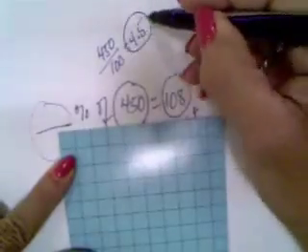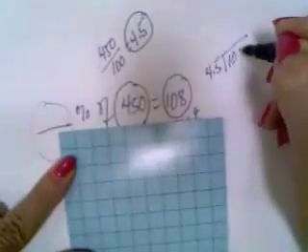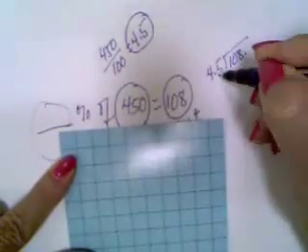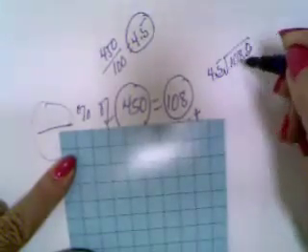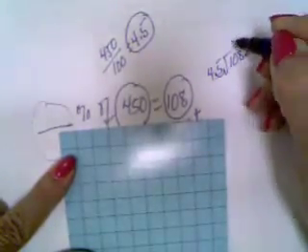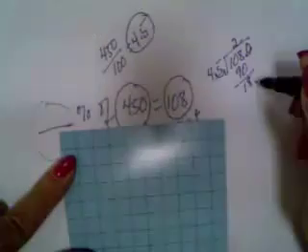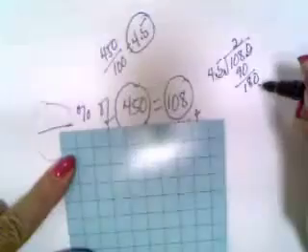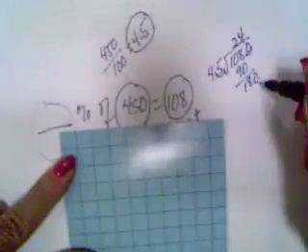So I want to know how many 4 5/10 sections I can take out of 108. So 45 will go into 108 twice, and 45 will go into 180 4 times.